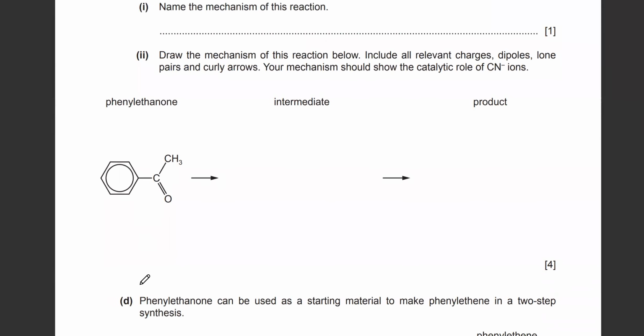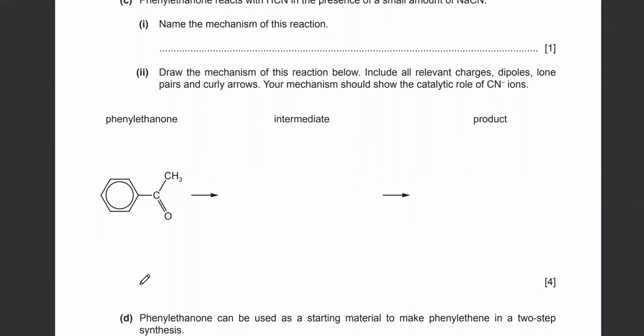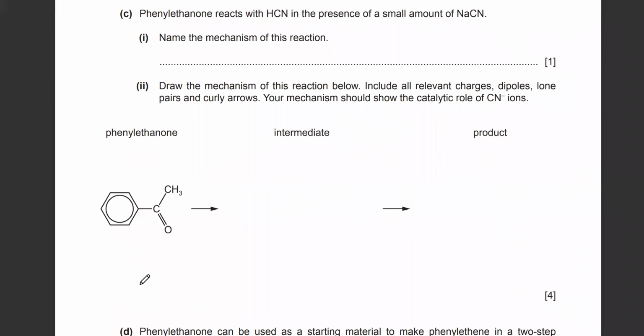So now this one is nucleophilic addition. You already did this in AS. Carbon is positive, oxygen is partial negative. You have these CN- ions, which are your nucleophiles. They're going to get attracted to the carbon, which is positive, and the electrons are going to get repelled. This reaction has nothing to do with benzene.